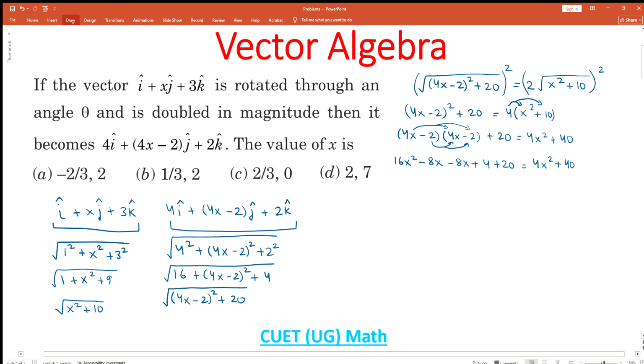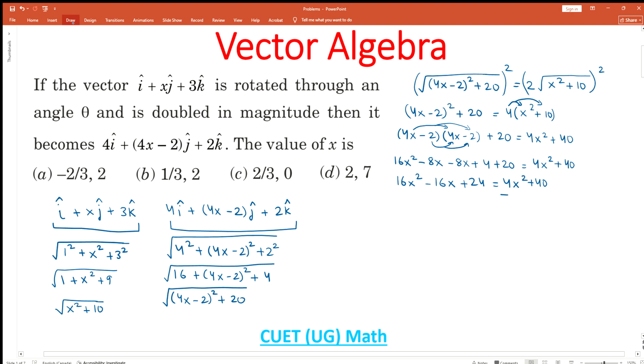Next, we can combine like terms on the left side. I get 16x squared minus 16x plus 24 equals 4x squared plus 40. Next, we can combine the x squared and the number terms.